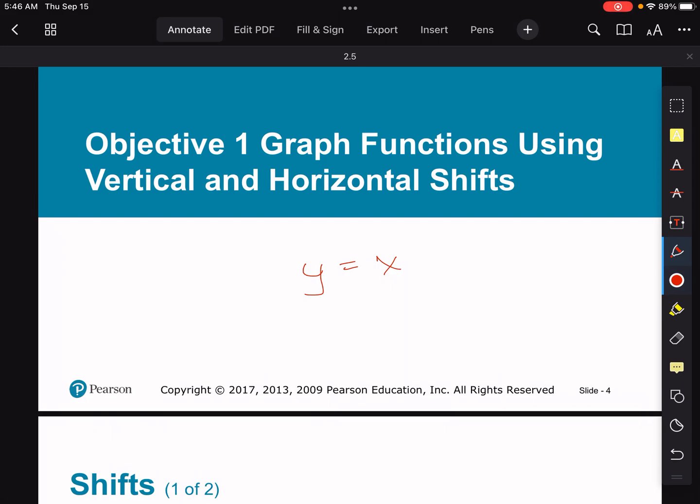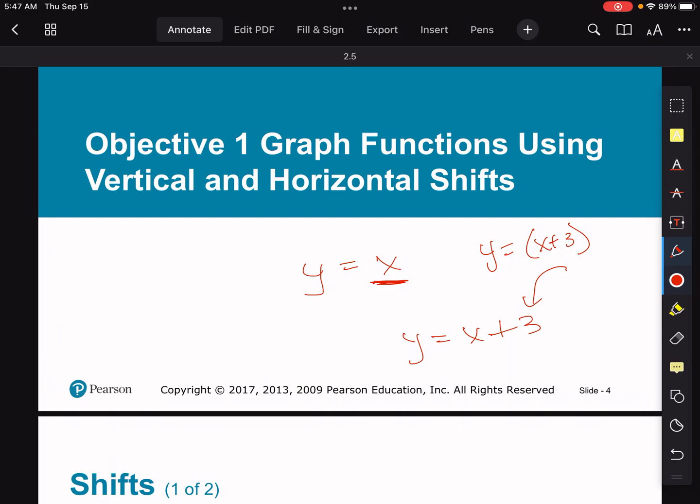Now, it's hard to see vertical and horizontal shifts on lines, and I'll show you why in a second, but inside the function means it has to be dealing with this x term. So if I said y equals x plus 3, the 3 is acting outside of the base function. Now, if I put that into parentheses, y equals (x plus 3), now we say it's acting inside of the function.